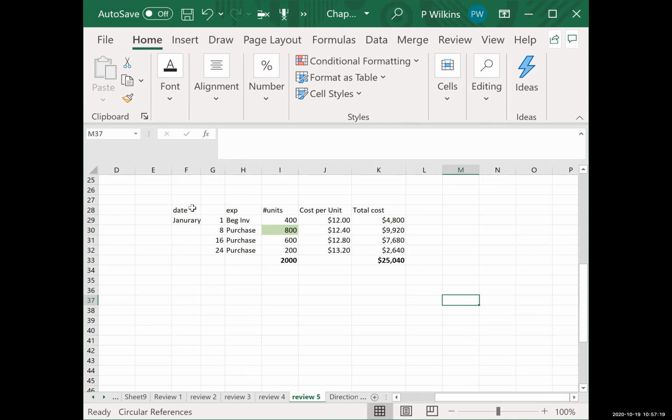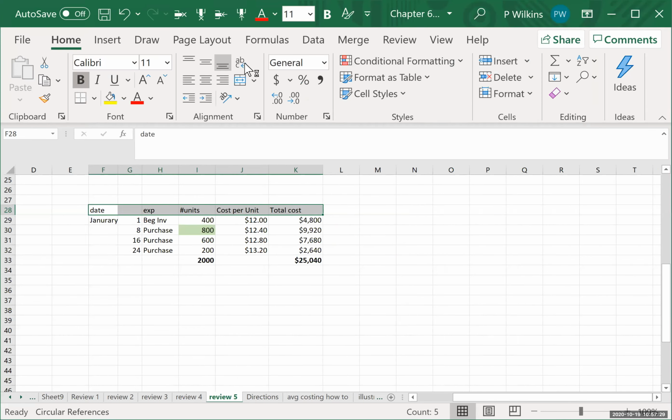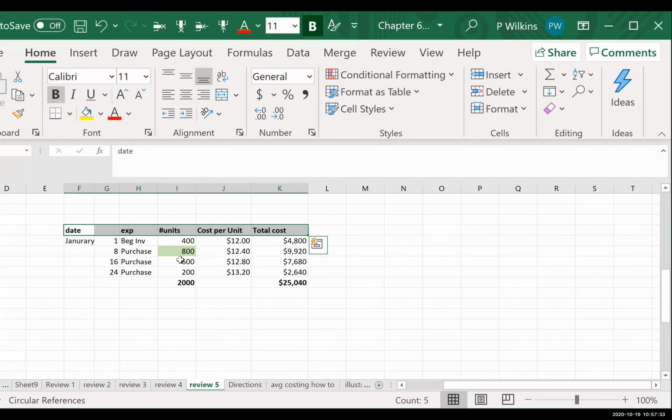It shows the date, the beginning inventory, the purchases, and then it shows you the total number of units available for sale was 2,000, and the total cost of all the units available for sale was $25,040.